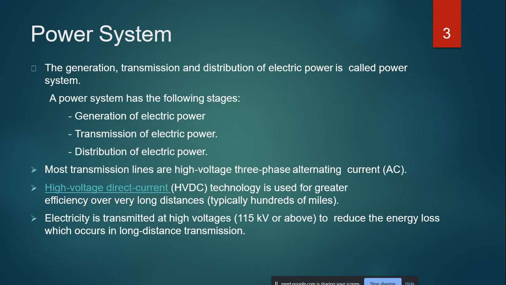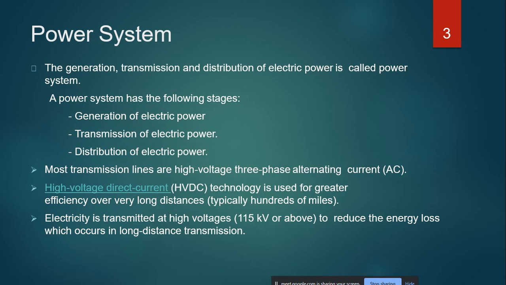So in the US and other western countries they use 110 volts DC, which is more efficient. The biggest disadvantage is that they have to convert the produced AC into DC, that is conversion.